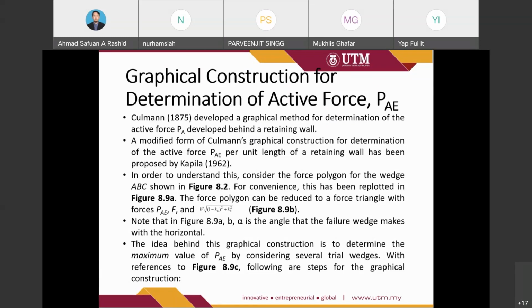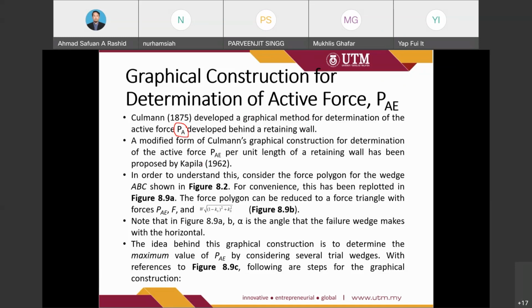Coleman in 1975 developed a graphical method for determination of the active force PA developed behind a retaining wall. So this PA can be determined by using a graphical method.